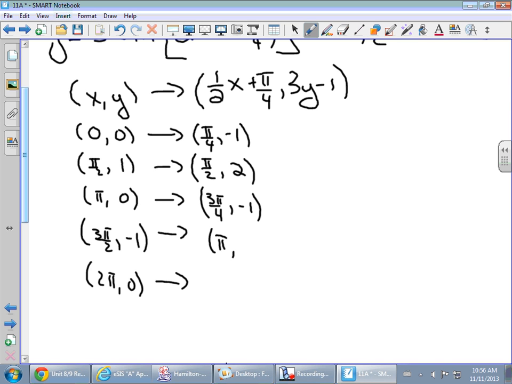If you figure out the pattern, then you can save yourself a little bit of time as well. If you have no idea what I'm talking about with the pattern, ask me, I'd like to explain it to you. But if all else fails, you can just take this value, substitute it in here, multiply it by 1/2, add it to that, and you'll get that answer anyway. Substituting in 2 pi, or you can realize that the next number, this is 1 over 4, 2 over 4, 3 over 4, 4 over 4.